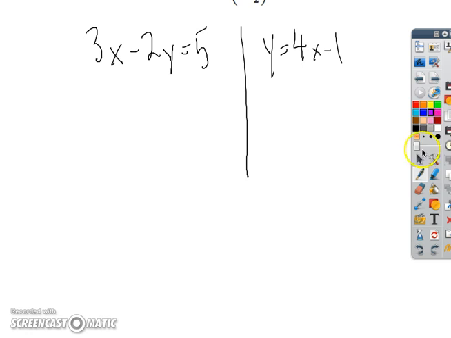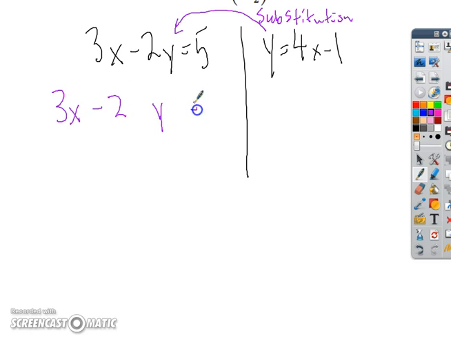Now, these take place in a couple of steps. First, I'm going to plug this in to here, and then when I've solved it for x, I'm going to reevaluate it for there. So this is the substitution step. I'm going to rewrite this equation with lots of room for the y because I'm about to replace it. 3x minus 2y equals 5.